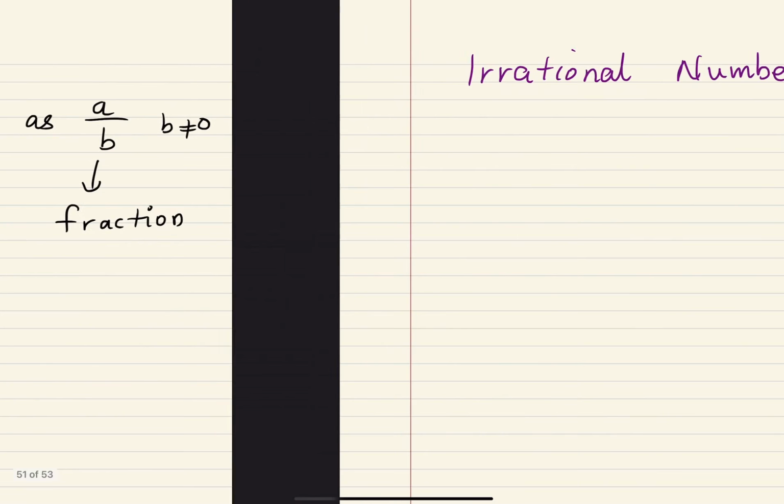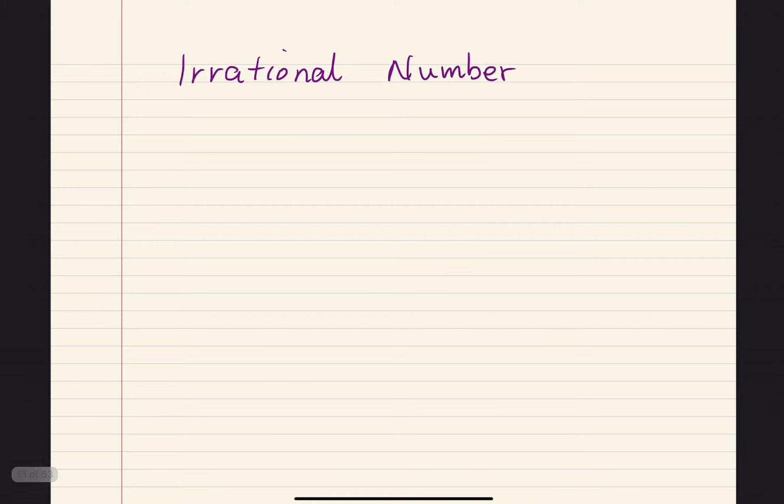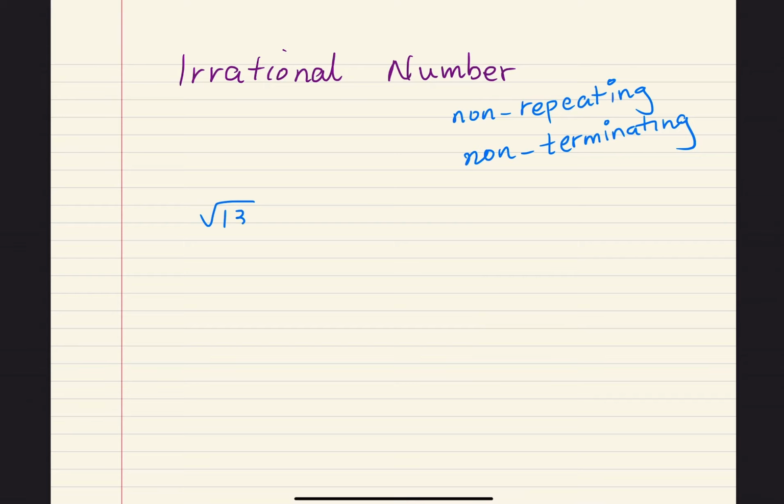The next type of number is irrational numbers. Irrational number is very easy to understand. Why? Because those numbers that are non-repeating, non-terminating, we call irrational numbers. Non means not. Non-repeating, non-terminating, we call it an irrational number. So for example, square root 13.